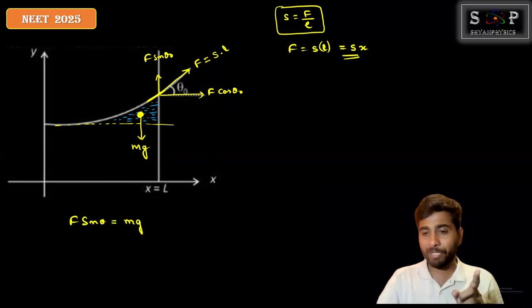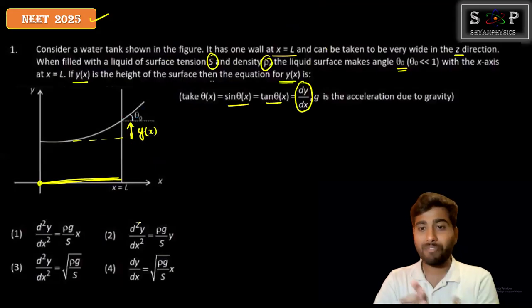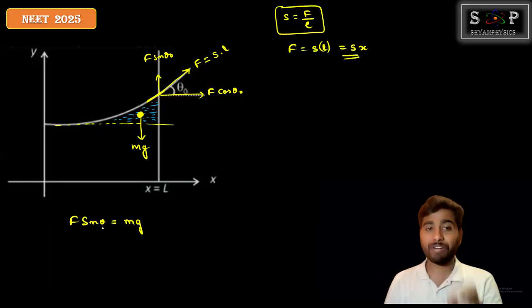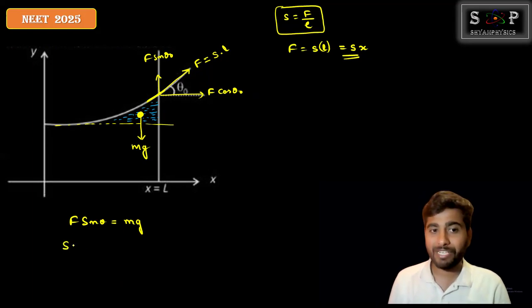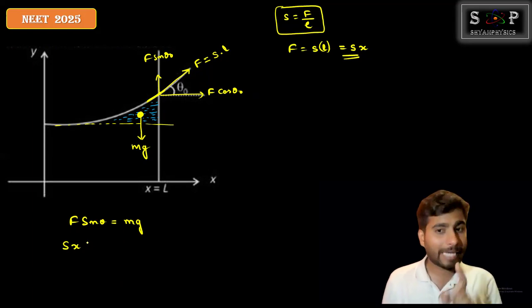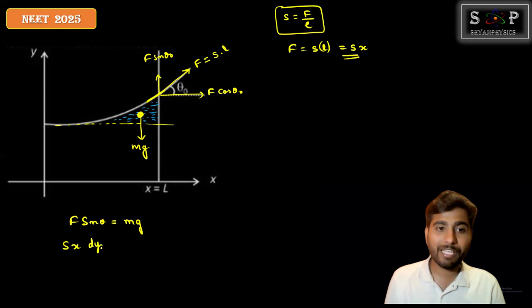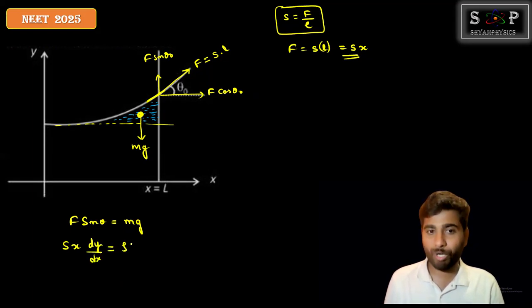In the options, you might observe everything is in terms of density, so we need to write this mass in terms of density. Force is nothing but surface tension into x. Sin theta can be written as tan theta, and tan theta is dy by dx, equals rho into volume.